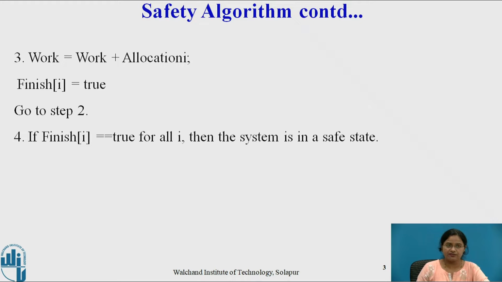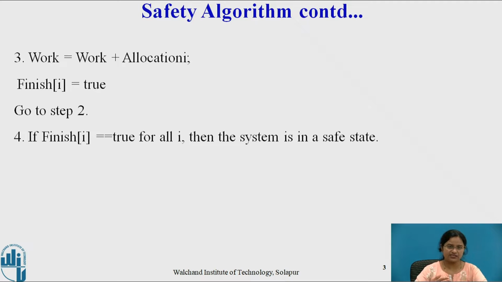But if we find a process whose need is less than available, then we allocate the resources needed by that process, and after allocating we update the work: work equals work plus allocation, and mark finish of i equal to true.